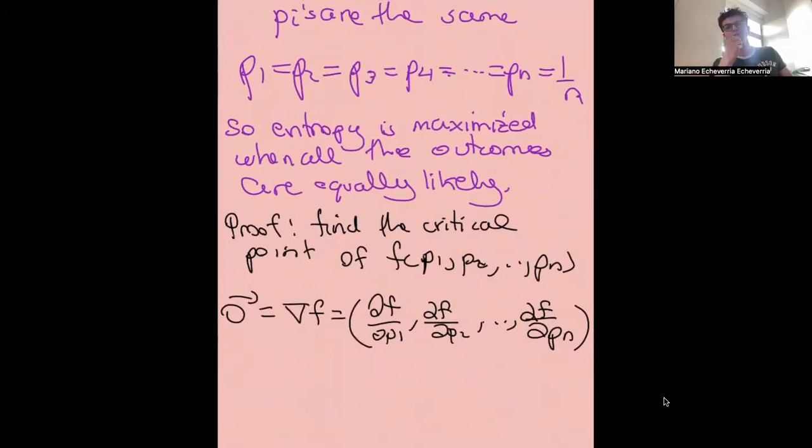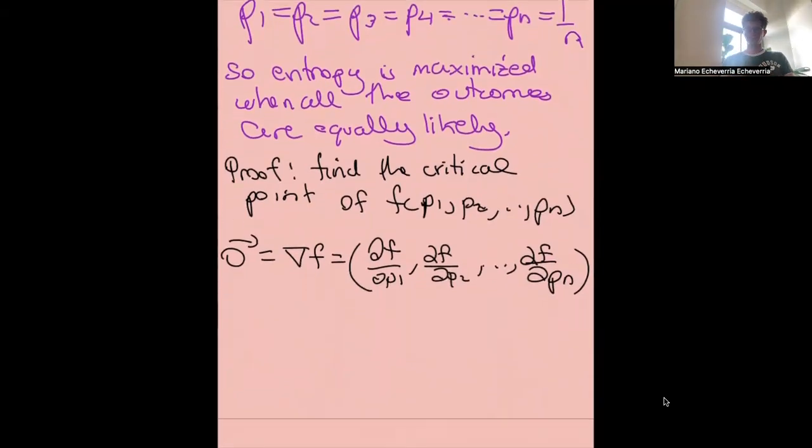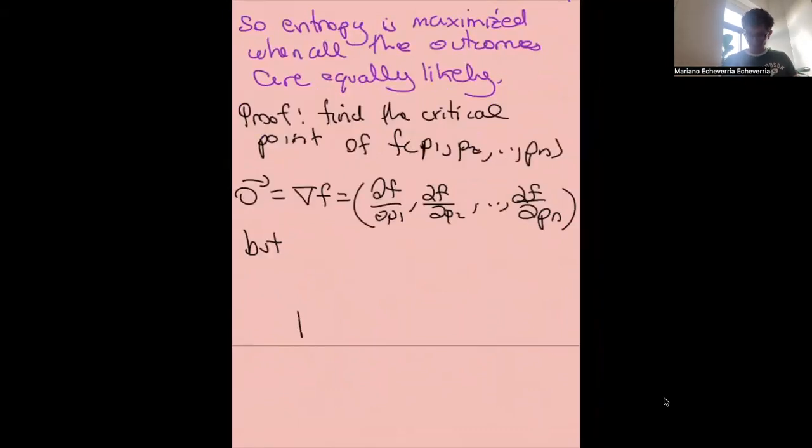I'm saying that the probabilities are not independent of one another because there's a property that every probability must satisfy. They have to be normalized. Right, they must add up to 1, right? So P1 plus P2 up to Pn must equal 1, which means P1, P2, up to Pn are not independent variables.